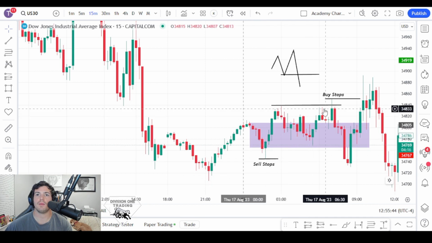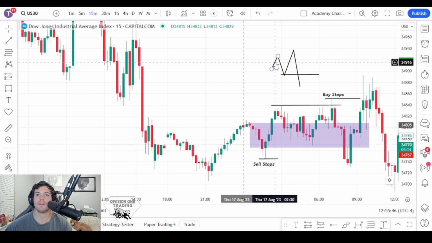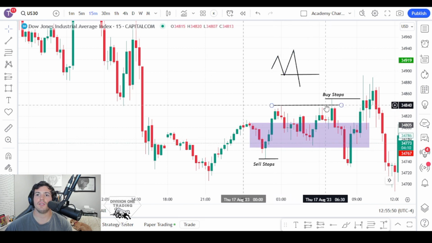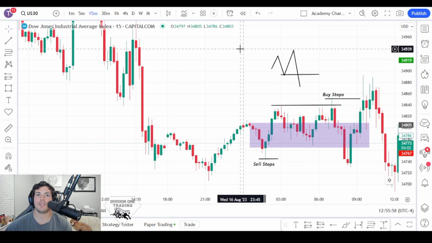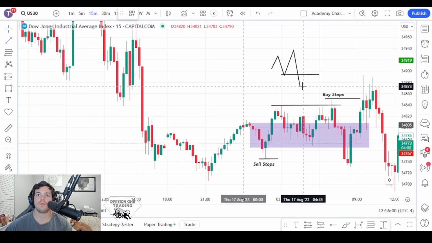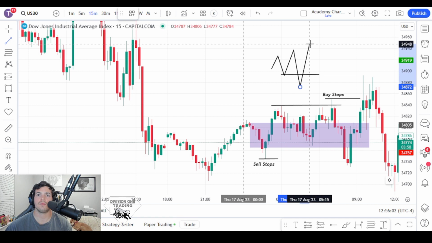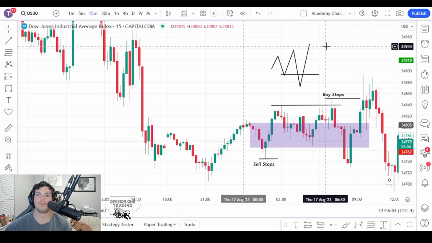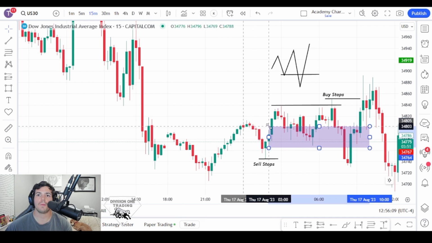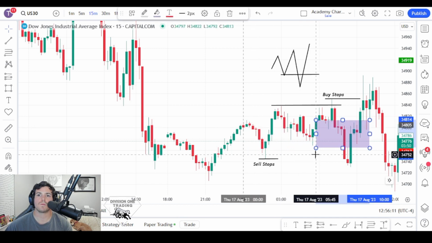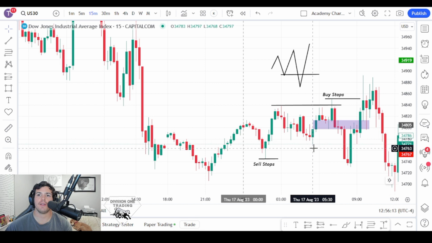This was part of the up run, part of this leg here. This leg here was part of this run right here. It takes the low down here, returns, takes out the high. Now, right here, you can see there is a fair value gap.